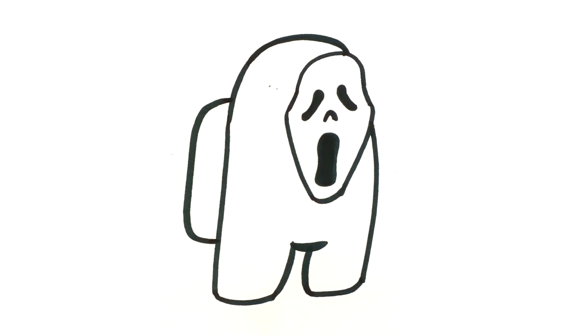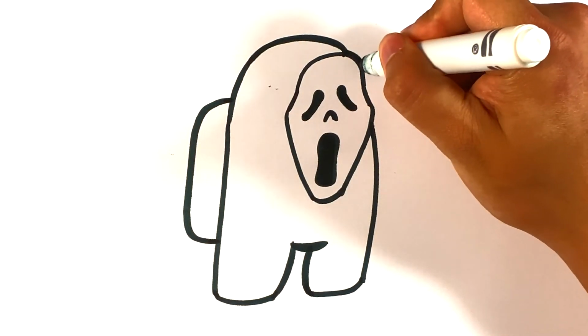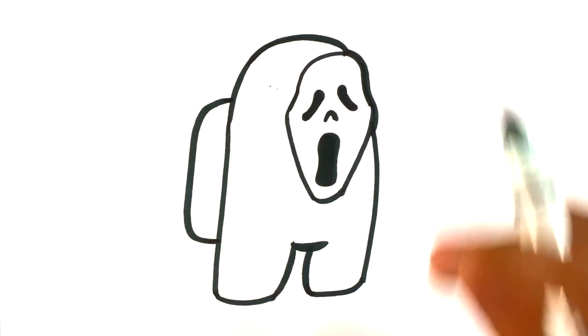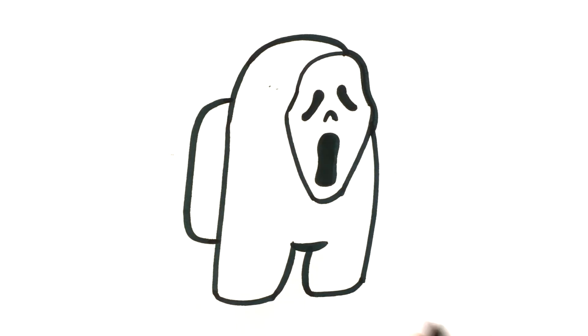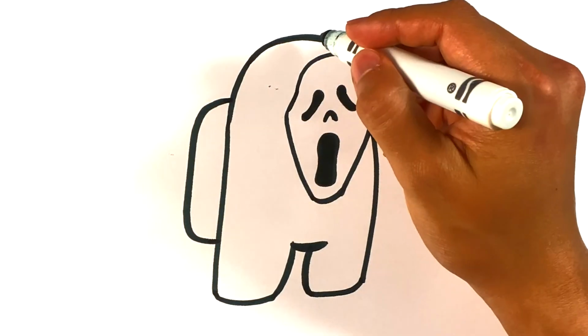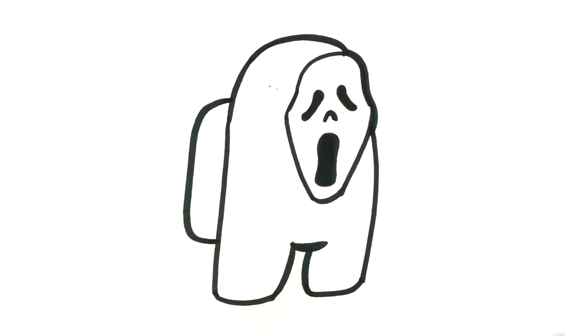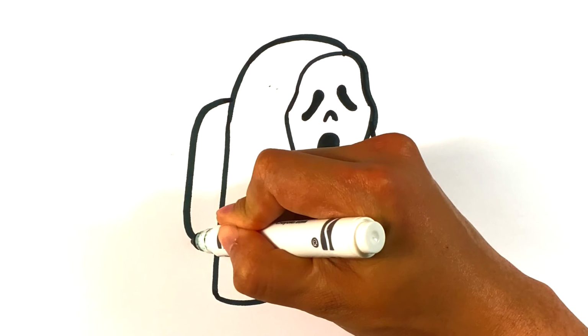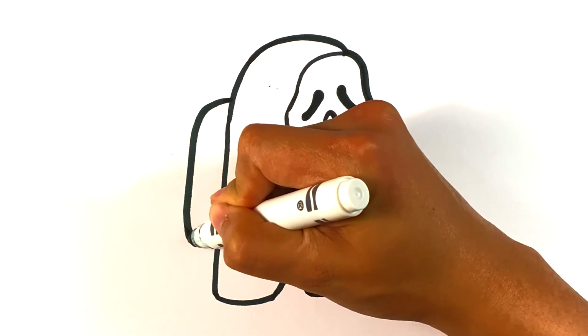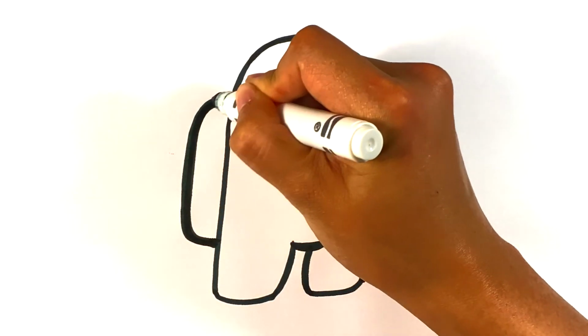What I'm gonna do now is, well, you could fill it in because it is entirely a black outfit. Or you could just throw a thicker line around the whole thing. So I am going to draw a thick line around the entire thing, just a thick line to kind of stickerize it.